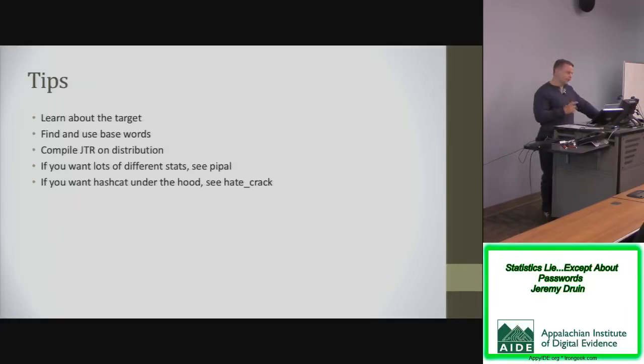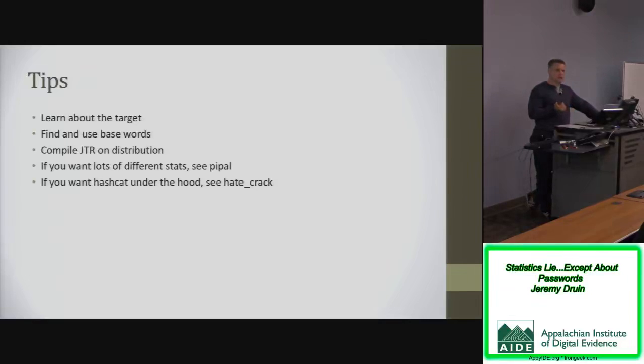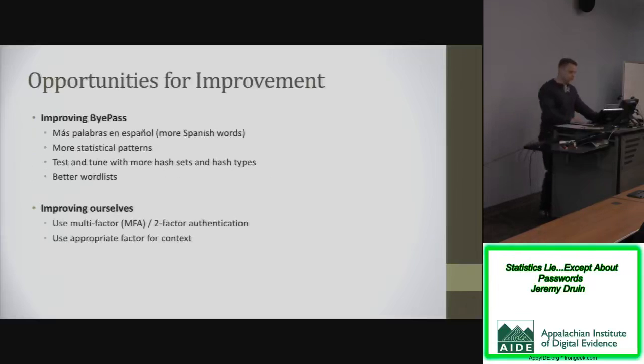And then finally, we said this one was wrapping around John the Ripper. So if you want to use Hashcat, which can offer better performance in some situations, then TrustedSec put out HateCrack, I think it was like 3 weeks ago or so, and it uses the same general concepts, and it has Hashcat under the hood. So awesome program there.